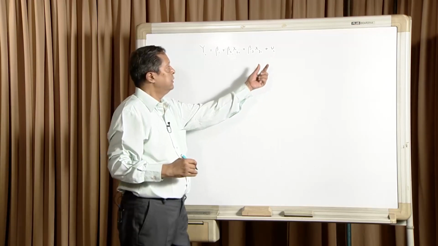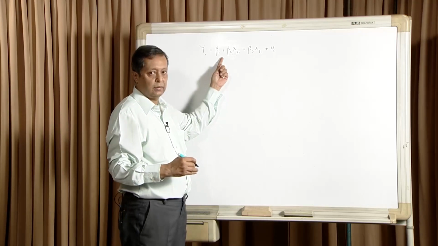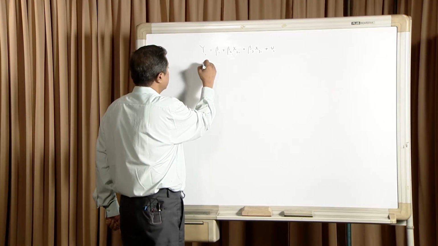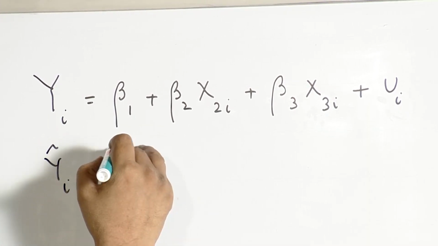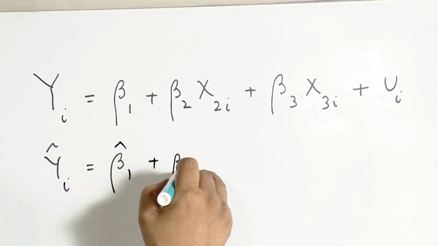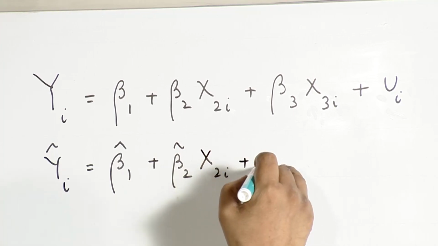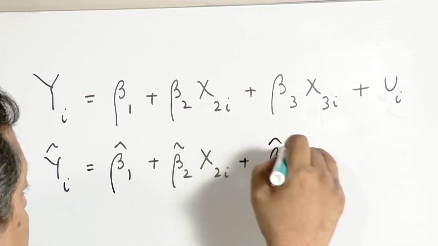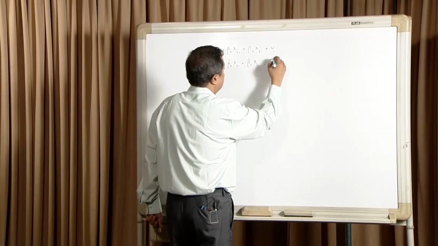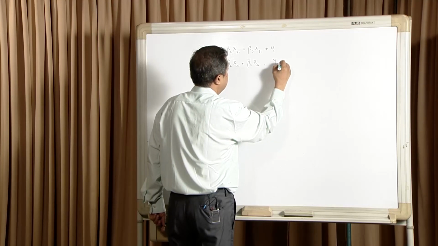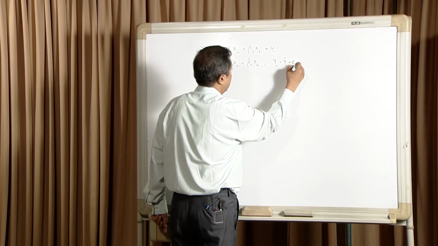As mentioned earlier, we cannot estimate the random disturbance term, we estimate the rest of it, and the estimated equation is written as y hat i is equal to beta 1 hat plus beta 2 hat x 2 i plus beta 3 hat x 3 i, such that y i is equal to y hat i plus e i.